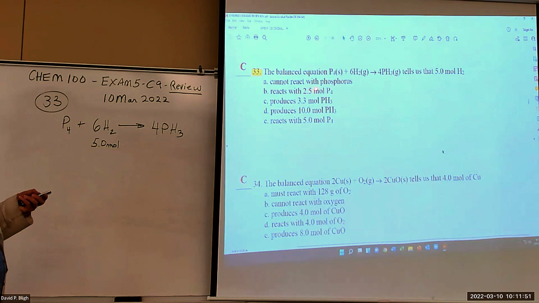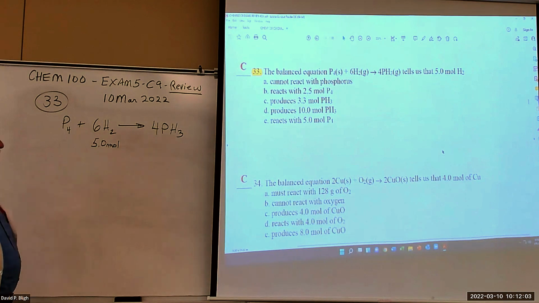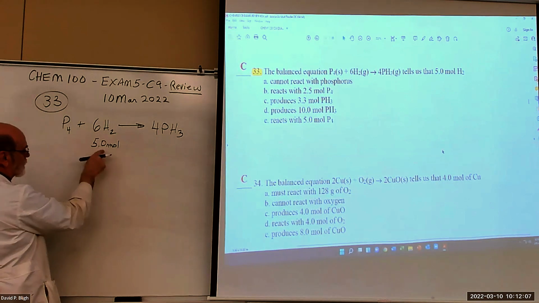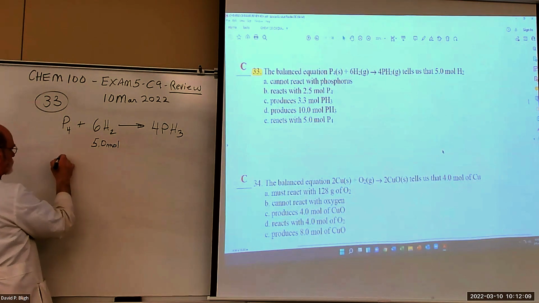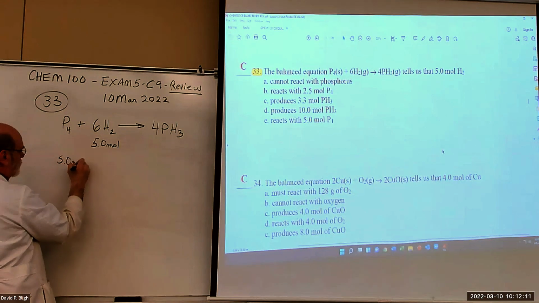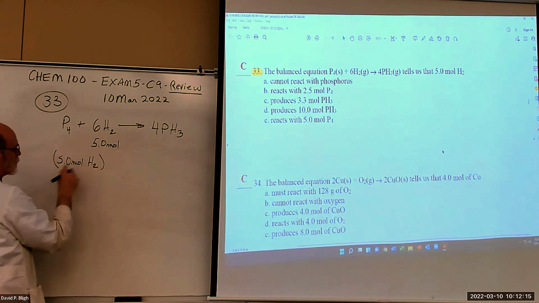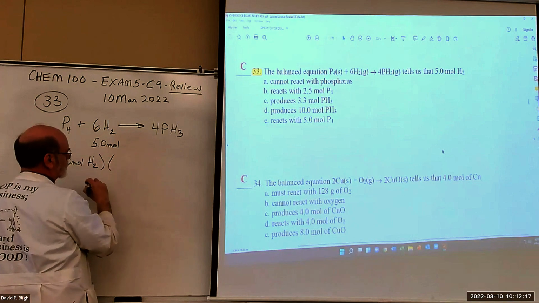Okay, so we got so many moles of P4, so many moles of PH3. So I think the most efficient way to work this problem is to say, convert this to that and convert that to that. 5 moles of hydrogen would produce how much PH3?